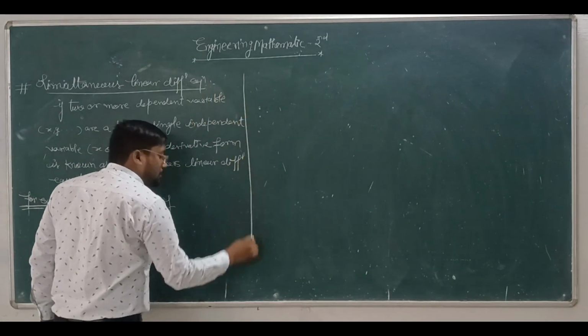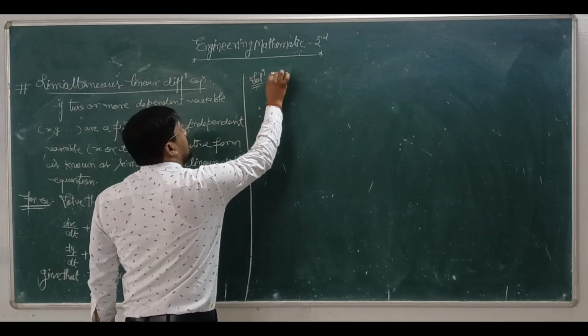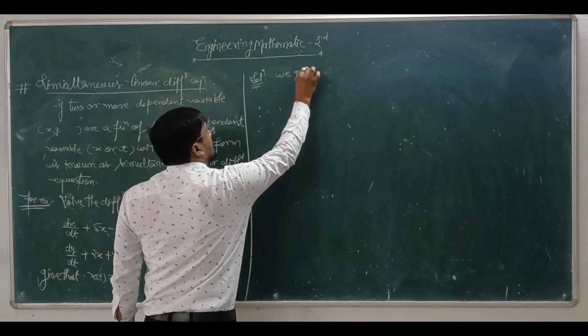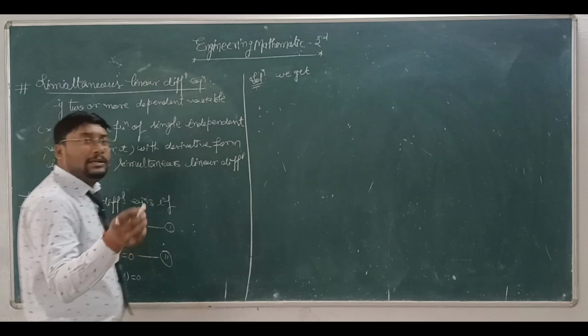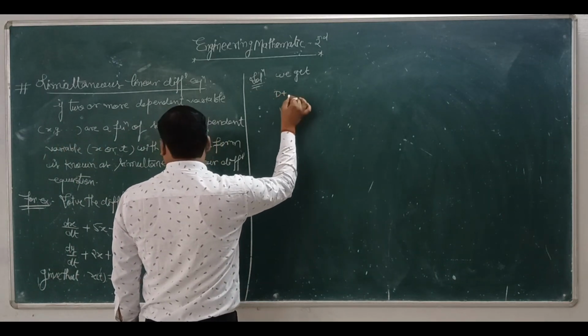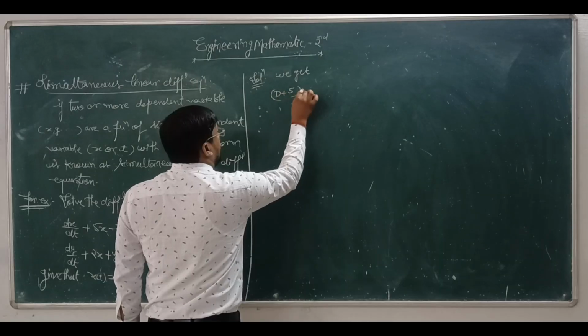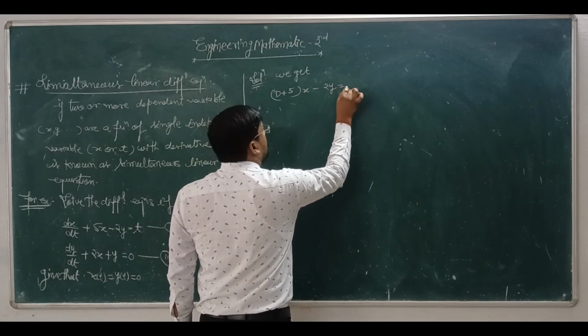Now, the solution of this problem: we can write equations first and second in the form of D. (D plus 5)x minus 2y is equal to t.